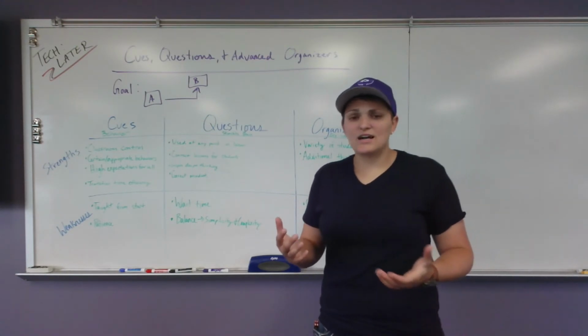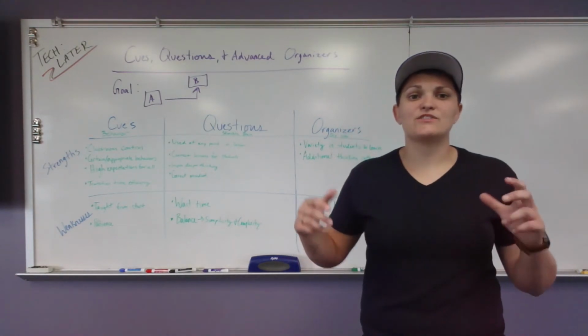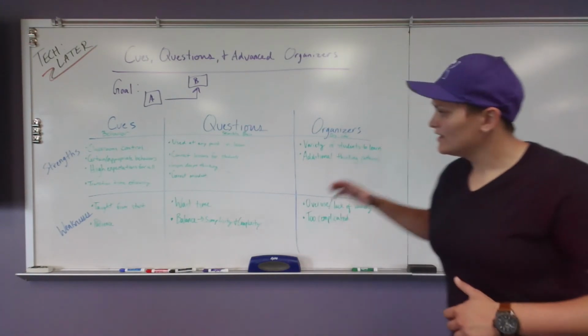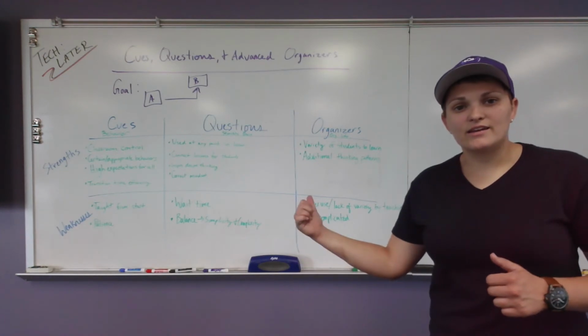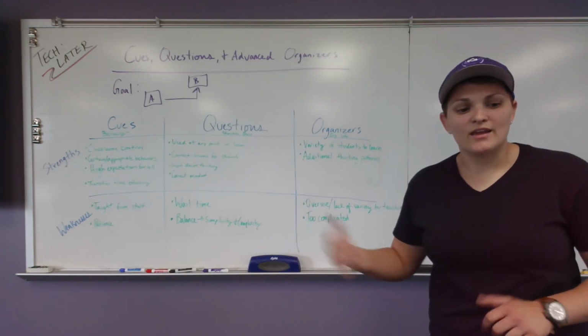So there's all kinds of ways to organize information for your students. Hopefully this gave you a pretty good idea. I'll go ahead and get a close-up of this for you in just a second.